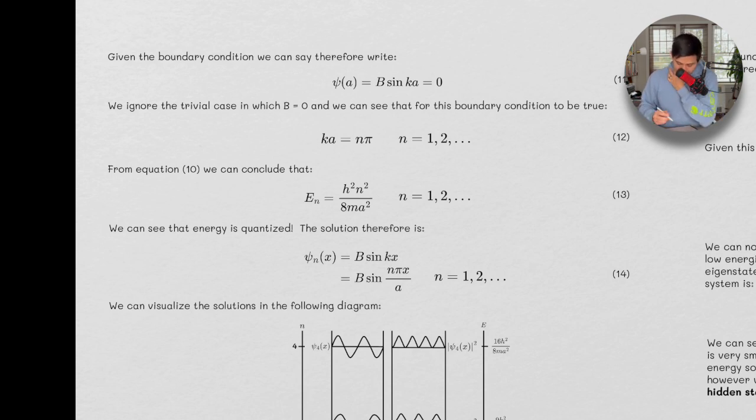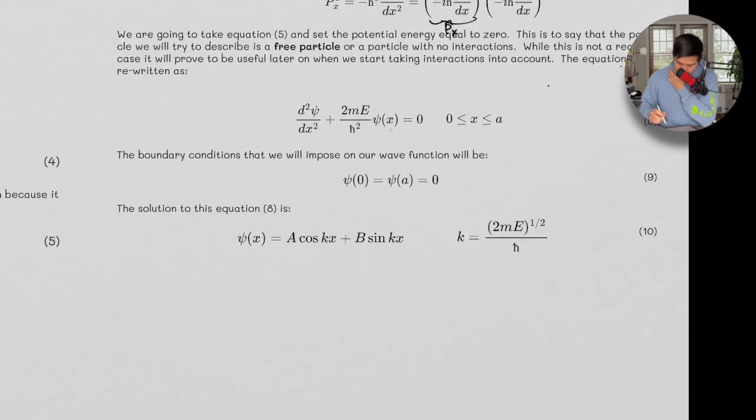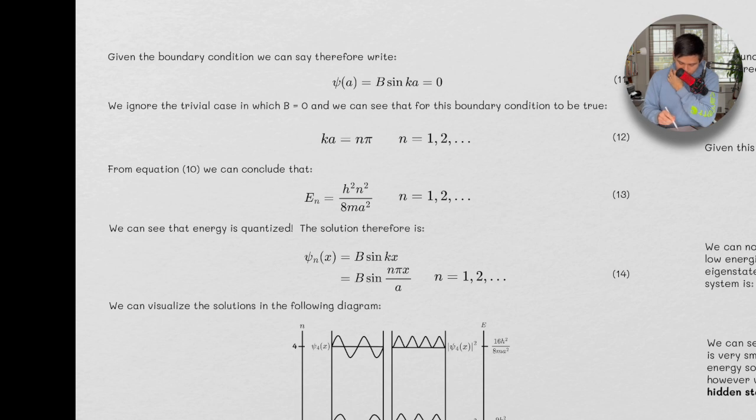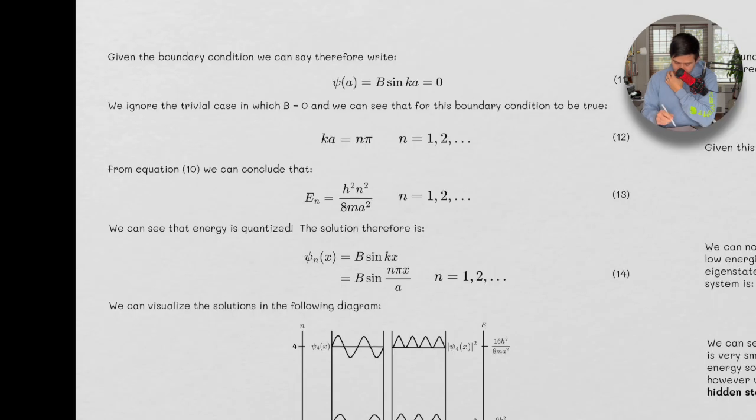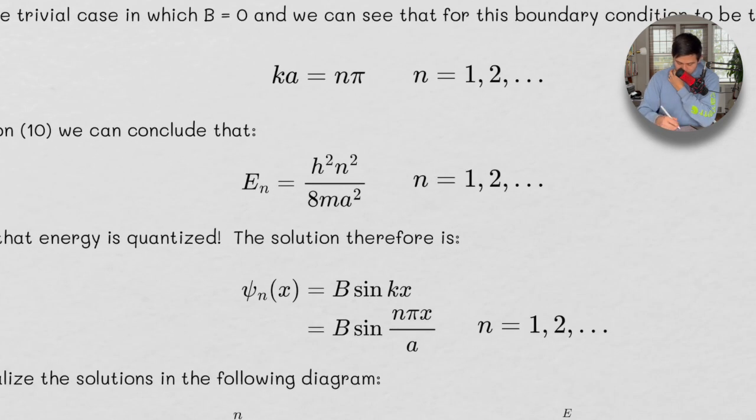From equation 10, we can conclude that the energy is this guy right here. The way we get that is we have our energy, and we said K was equal to n pi, so taking all of that, we get this, where H, sometimes you'll see this with an H bar instead, and so you should get a 2 right here instead.